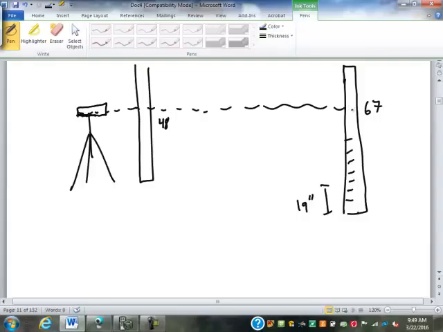The newer ones, the stick slides up and down, and there's a sensor and a window that tells you how high the sensor is from the bottom of the stick. It beeps slowly, and when it gives you a solid tone, that means you're exactly on the laser. That's a laser transit, not a laser level.